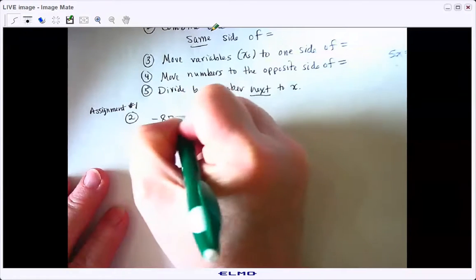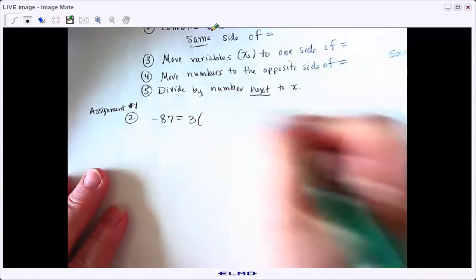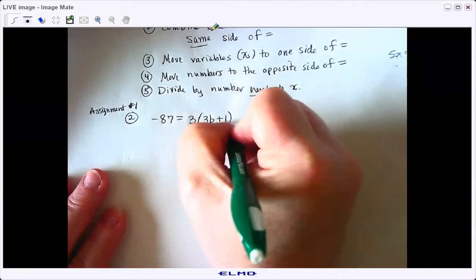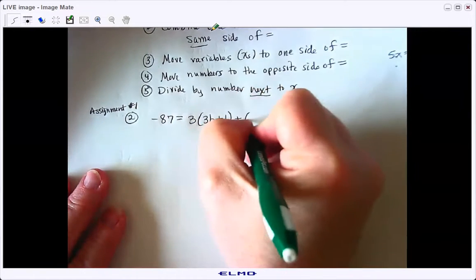So negative 87 is equal to 3 times the quantity 3b plus 1 plus 6b.